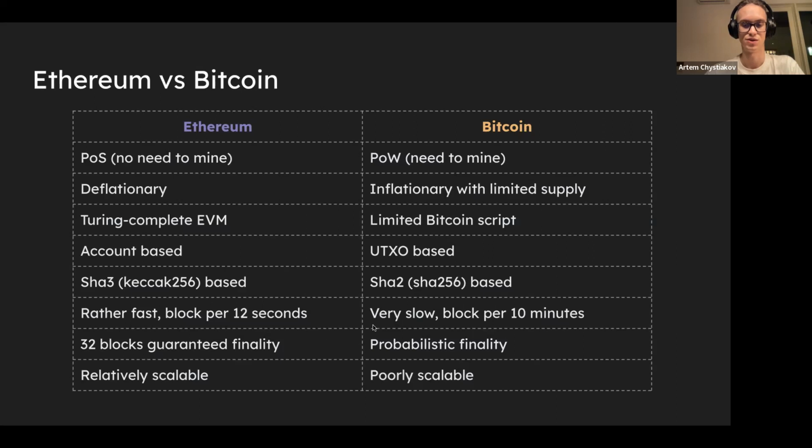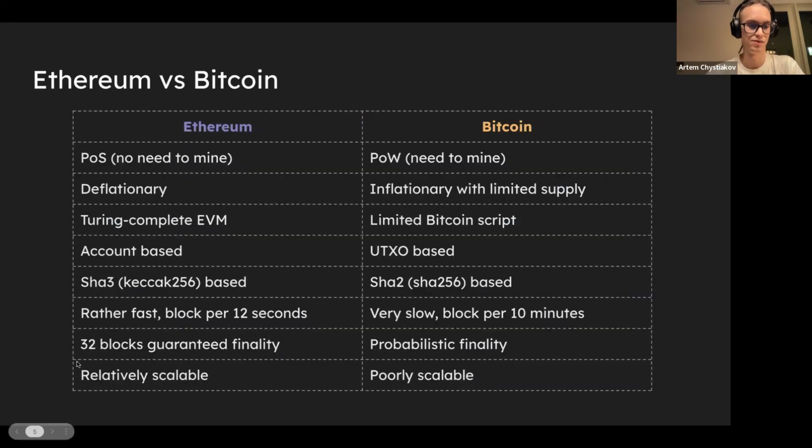Bitcoin is much slower, and it produces blocks every 10 minutes, but this can vary if the miners are unlucky to solve the proof of work puzzle. Actually, if validators sleep, Ethereum will include an empty block, but still strictly in 12 seconds.